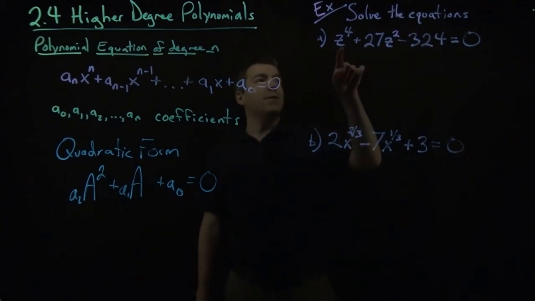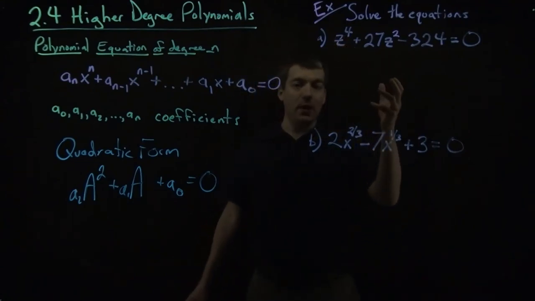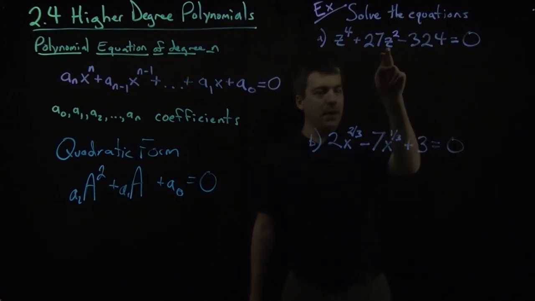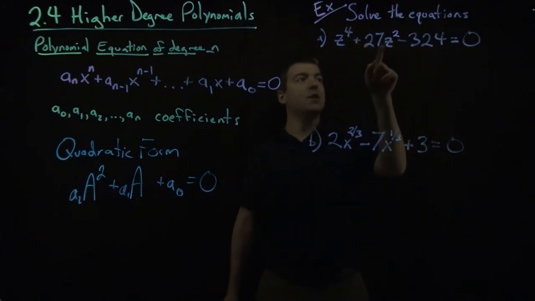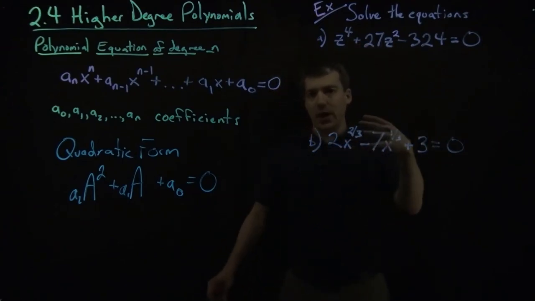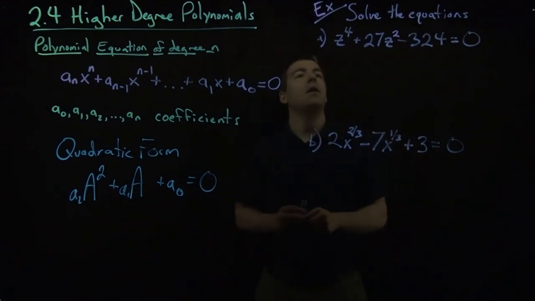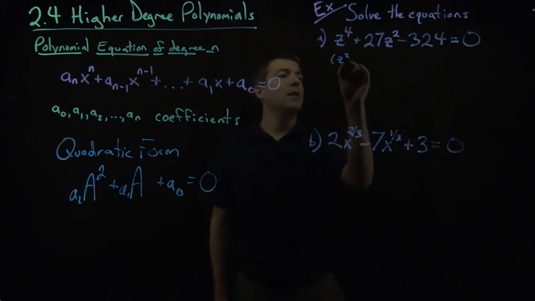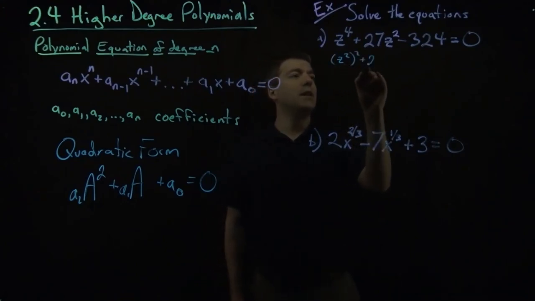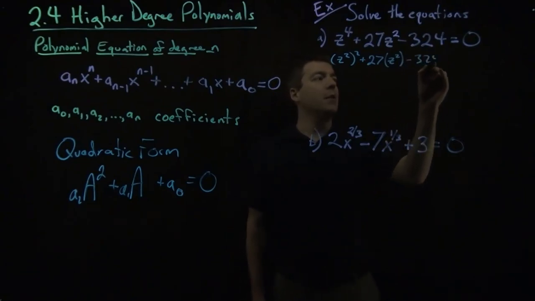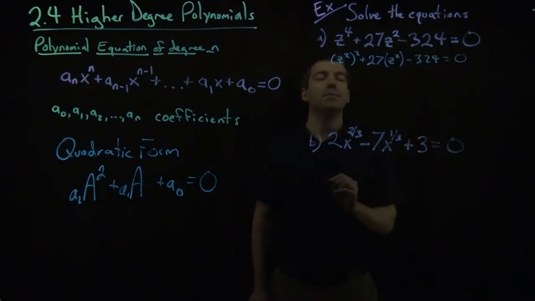We can see that this first term is something squared, and then we have the constant over here. The thing that's squared is z squared, right? z to the fourth is z squared squared. So I could write this as z squared squared plus 27 times z squared minus 324 equals 0.